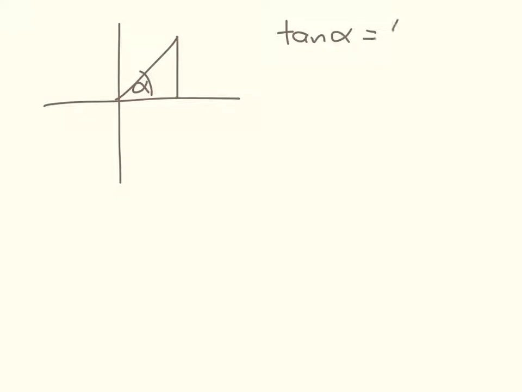So I'm going to start by just drawing the two things separately. So this is alpha, and tan alpha is equal to 4/3. And because of our definition, that means that y is 4 and x is 3. So r must go like this.